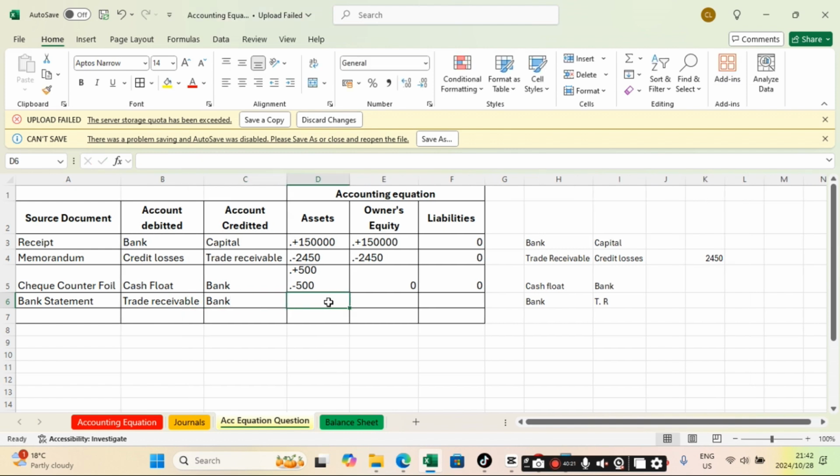We know that these two are both our assets, so one is increasing, one is decreasing. So plus 800 for trade receivable, and then minus 800 for the bank.